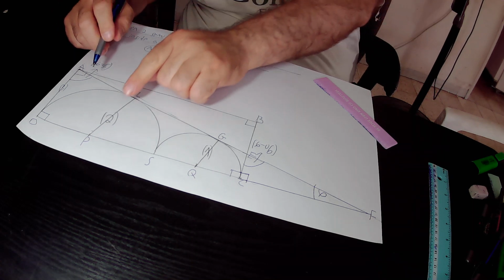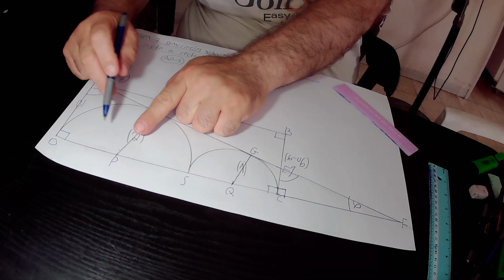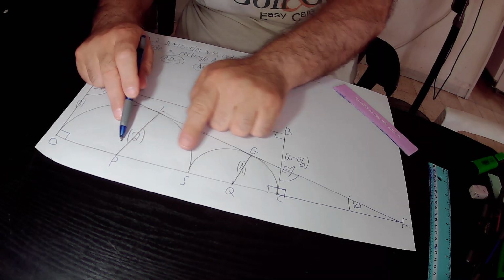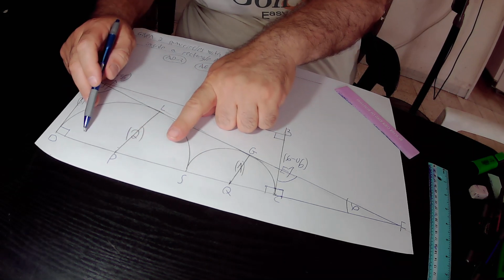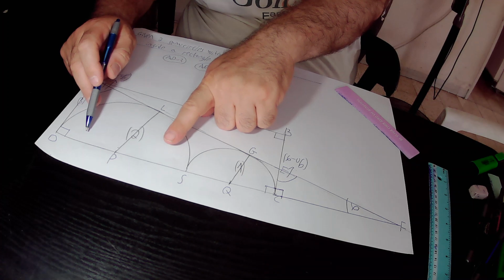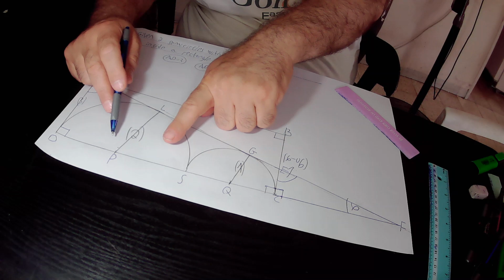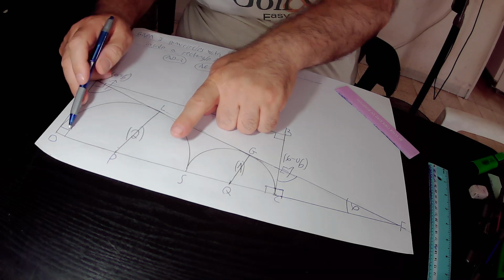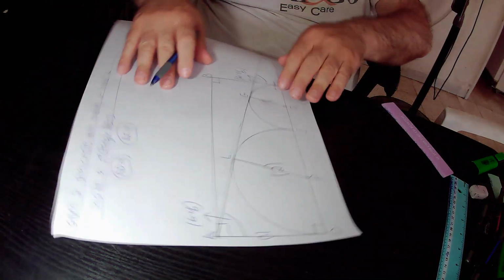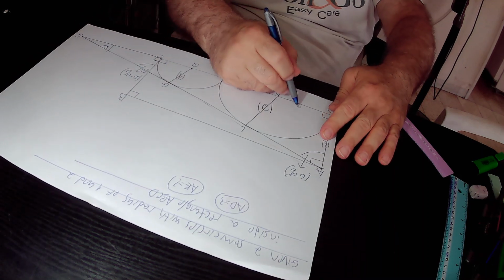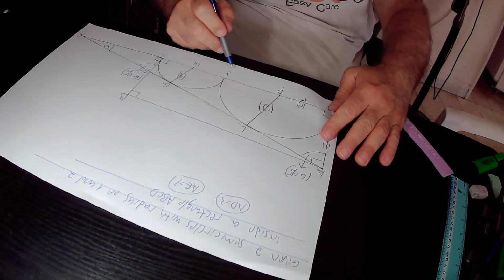So here we have line segment PD equals PS, both radii of this big semicircle, which equals 2, therefore each of these line segments will be equal to 2 units. So PD equals 2 and PS also equals 2.